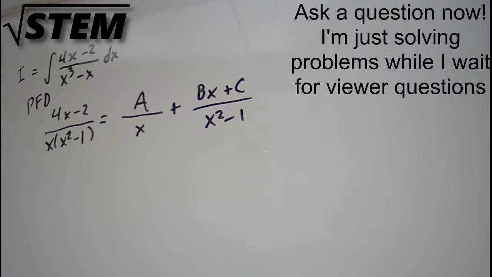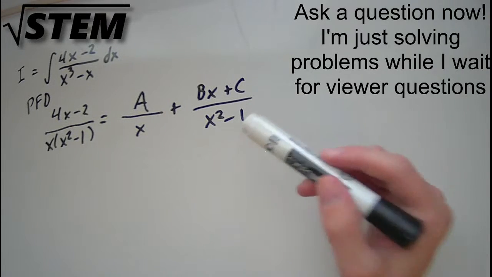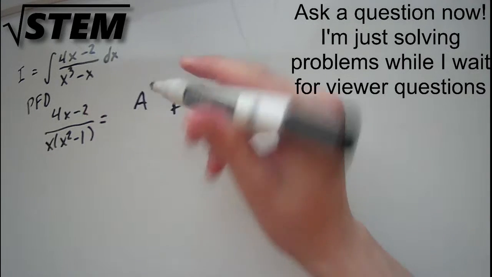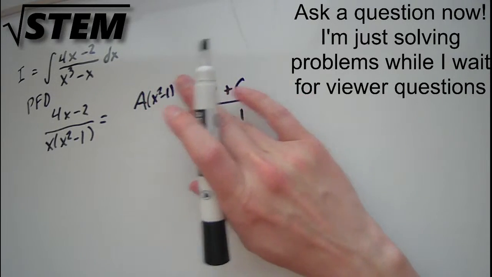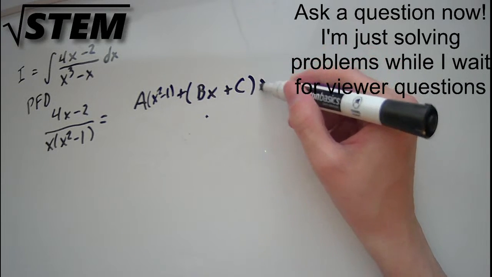Oh man. Will this really help us though? Because then we'll still end up with an integral of something over x squared minus 1. I don't know. We'll never solve it if we don't try. We might never solve it anyway. So do our normal trick, multiply by this denominator, so you get a attached to x squared minus 1 and bx plus c attached to x.